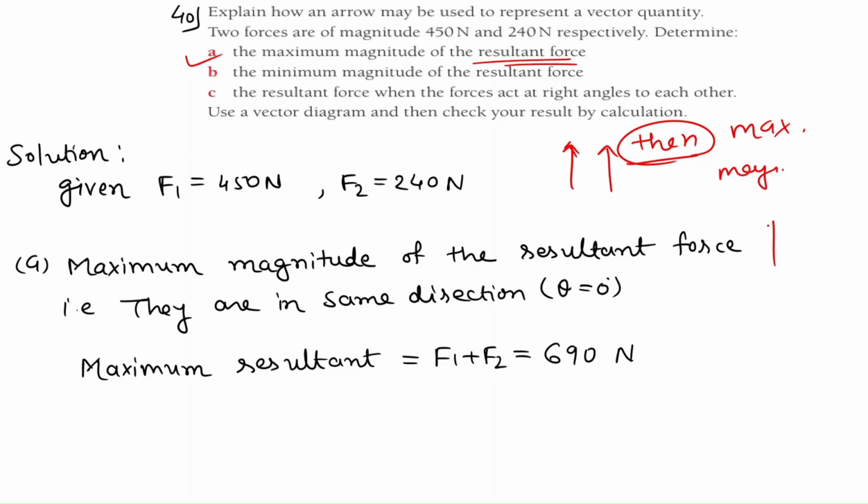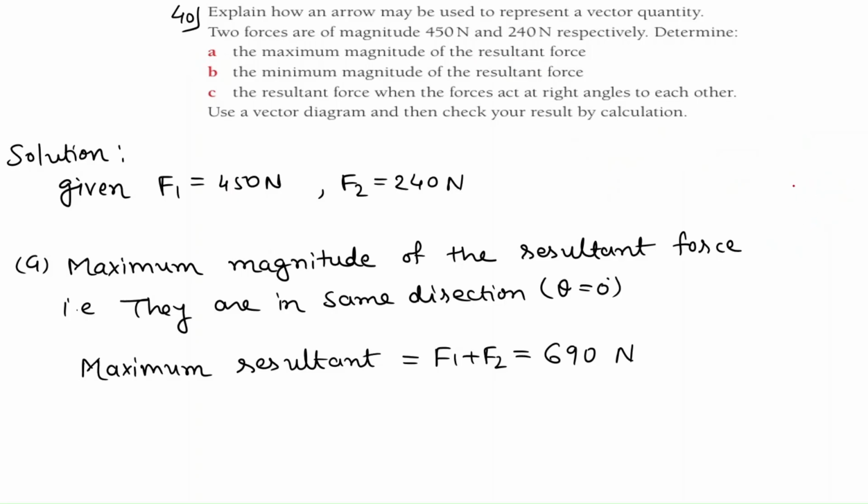If one vector is like this and another is tilted by angle theta, you have to find the amount by using the sine or cosine law, but it is not a maximum. In this question, they mention the maximum magnitude, so we have to consider both vectors to be in the same direction.